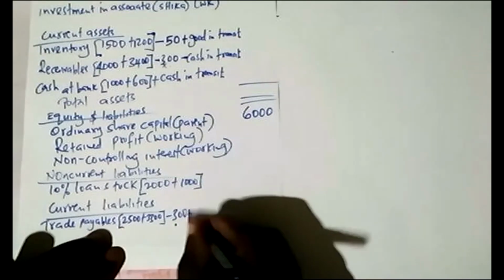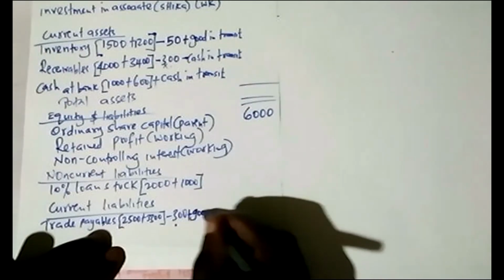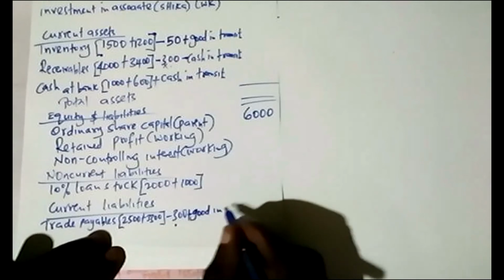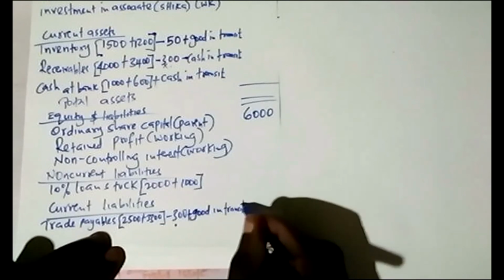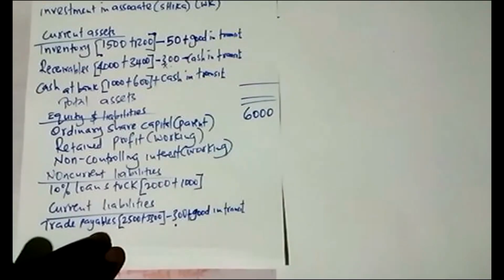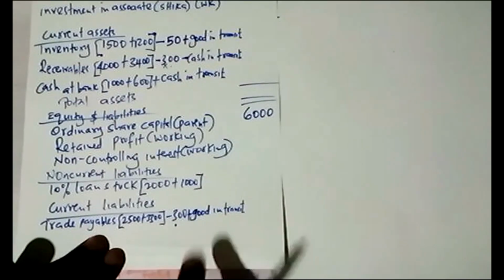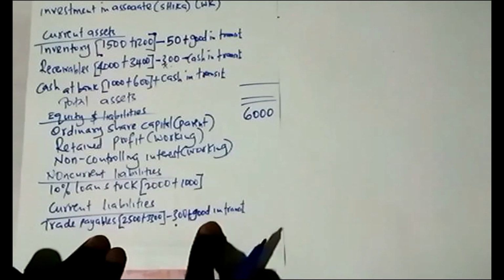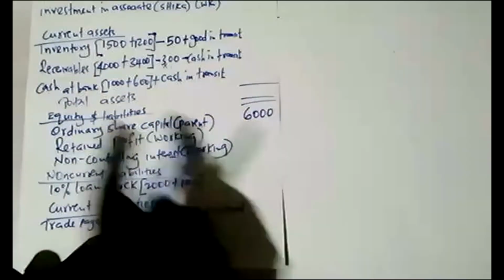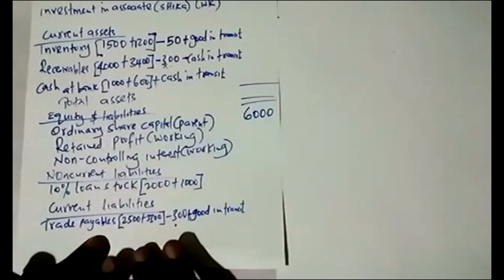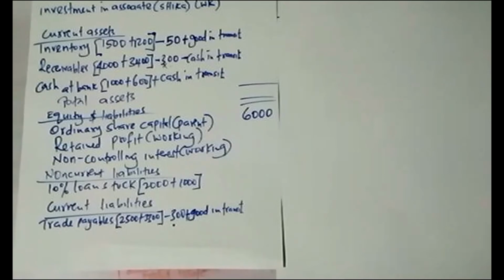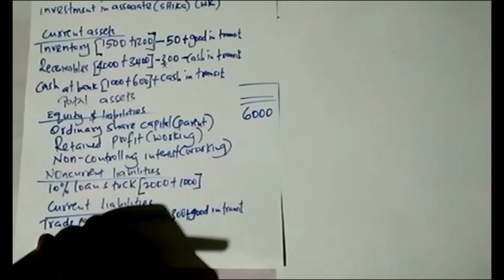Then another thing you can add here is goods in transit. The ones which were in transit and were never received by the intended entity by the end of the year, and they were on credit. That is why I'm increasing my trade payables. At the same time, once they are received, you will increase your stock. Then finally, we have the current tax.